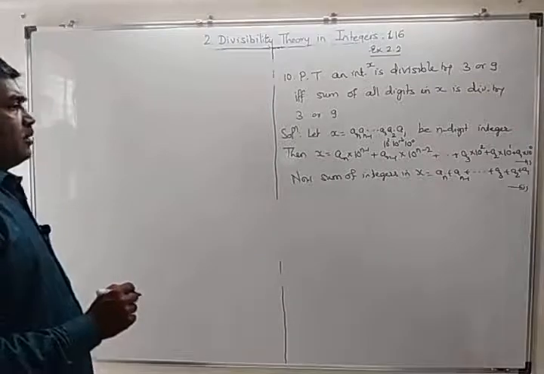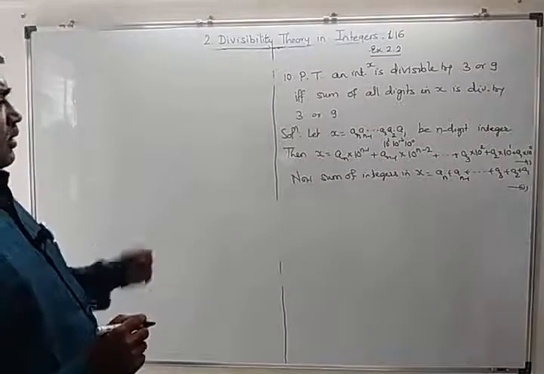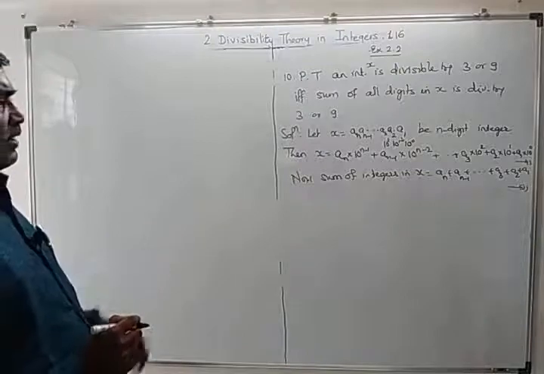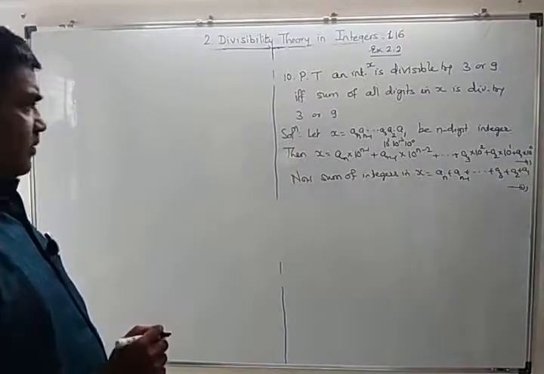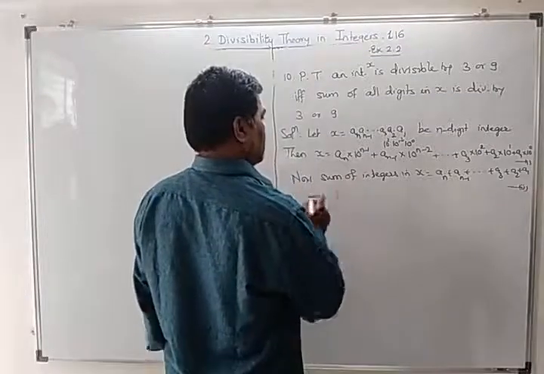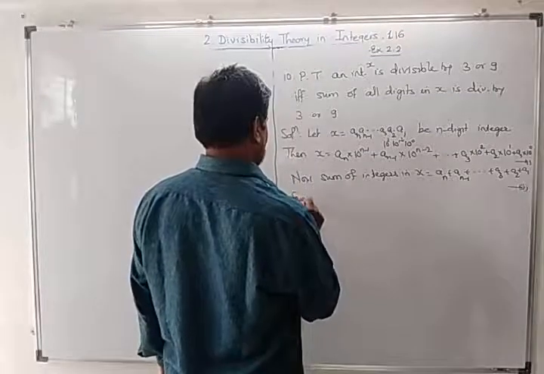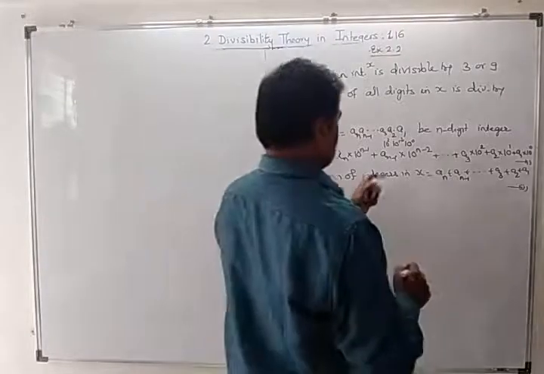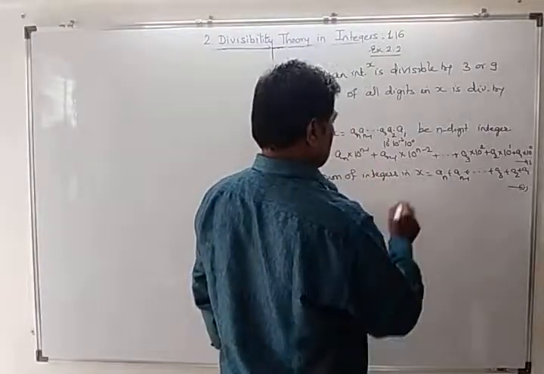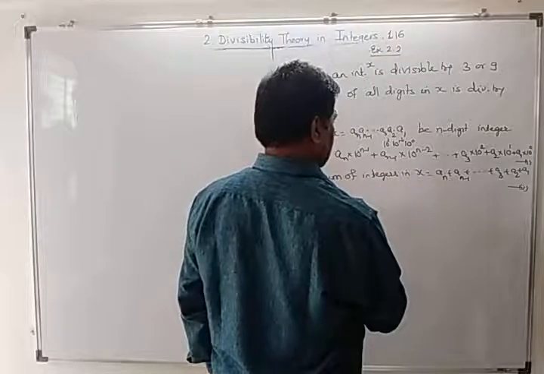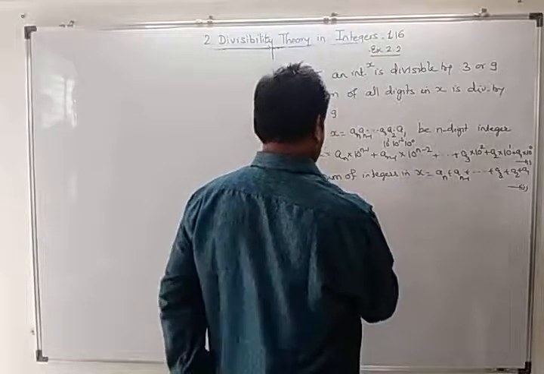Now x minus the sum of digits. Suppose the sum of digits in x is divisible by 3.